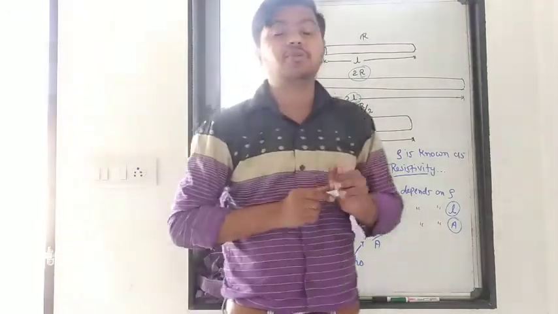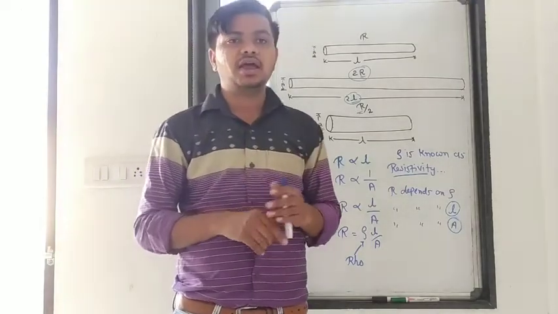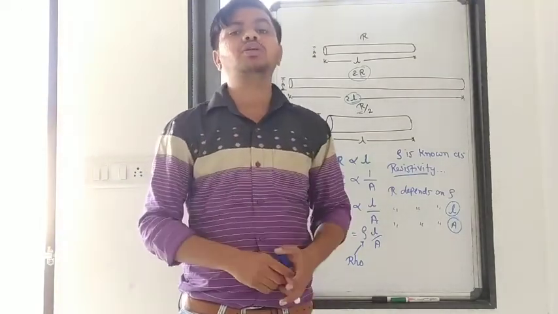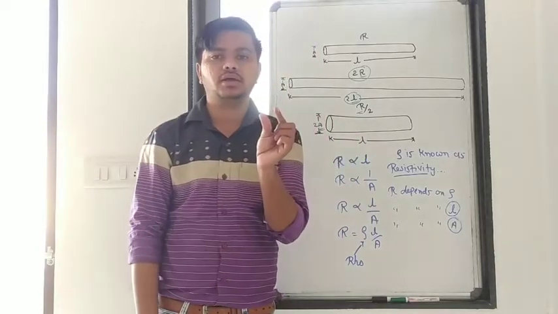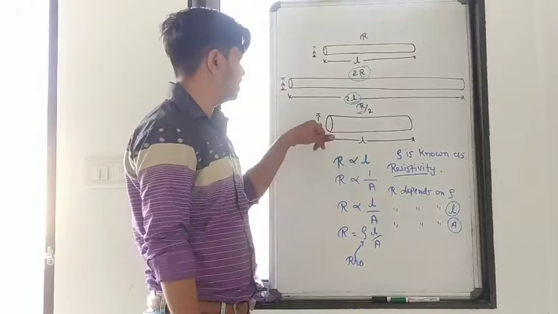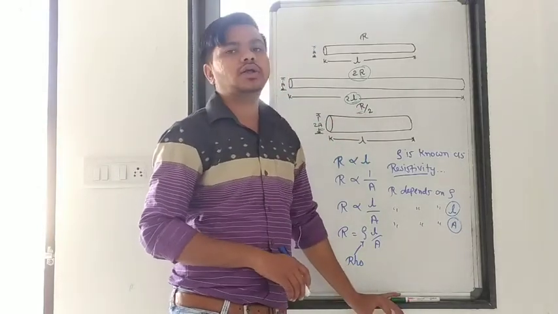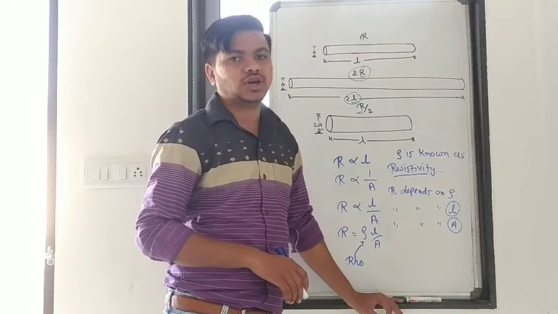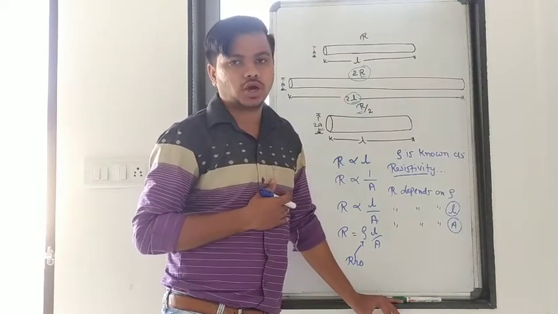Because of that, you know that the plug of the earthing wire is thicker than the other ones. As it becomes thick, the cross-sectional area increases, and the resistance decreases. So the leakage current, which is not necessary for us, can easily go to the ground and we don't get a shock. Understand?